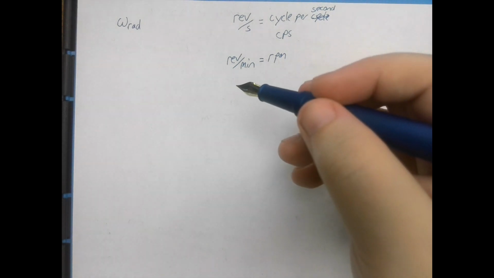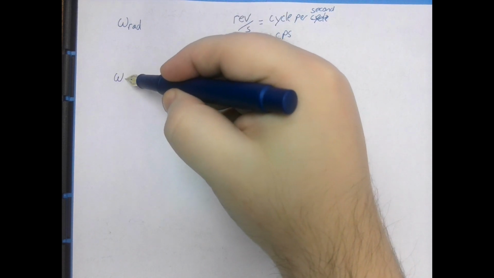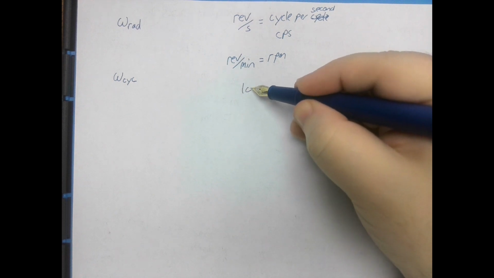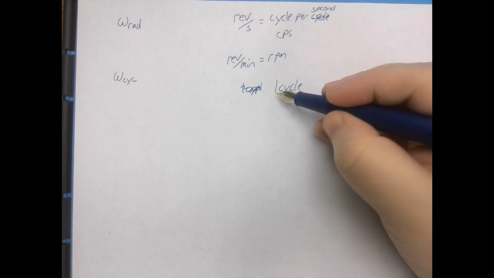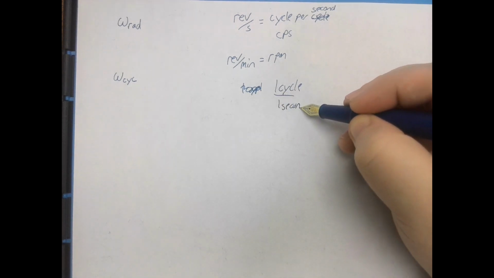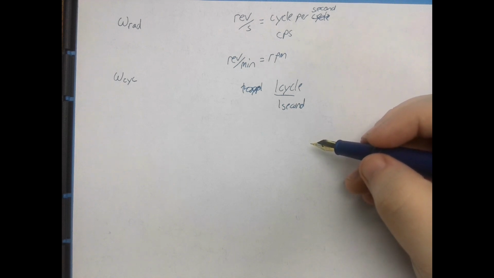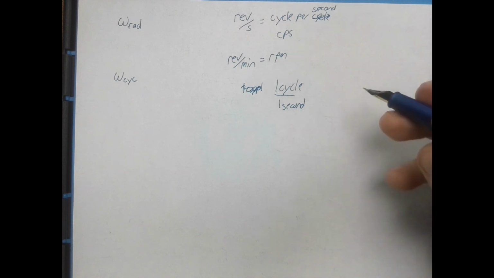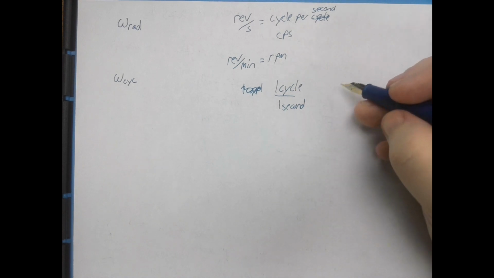So if it is in cycles per second, so 1 cycle per 1 second, we know 1 full cycle is 2 pi.